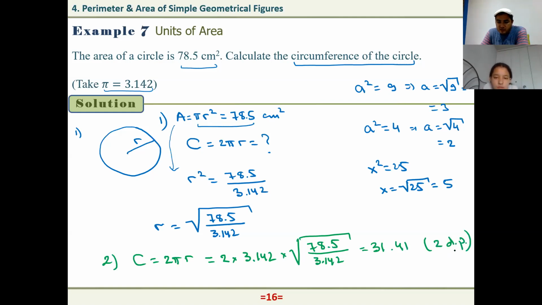We have a lot of digits here, but just writing correct to 2 decimal places is enough. Now, what is the unit? It is a circumference, a perimeter, so it is centimeters. Okay? Good. So the circumference of the circle is 31.41 centimeters.